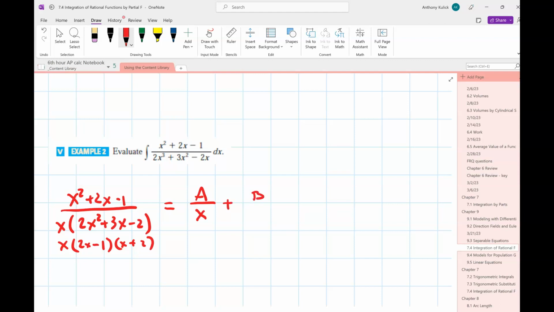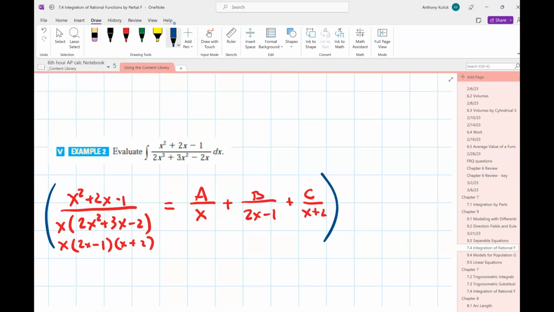And then b over 2x minus 1. And then c over x plus 2. So far, so good? Okay. What am I going to multiply both sides of this equation by now?